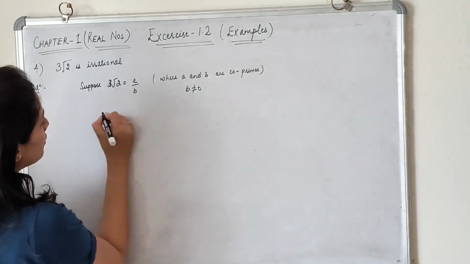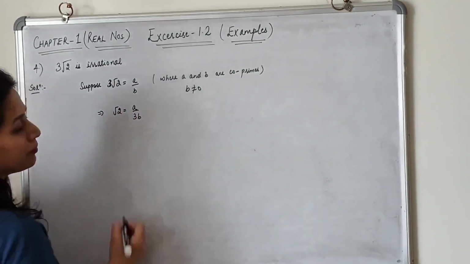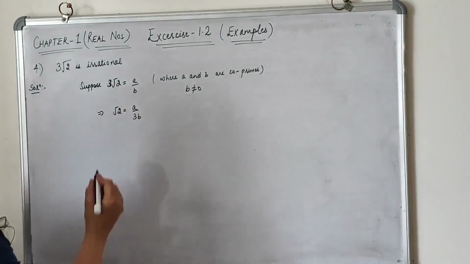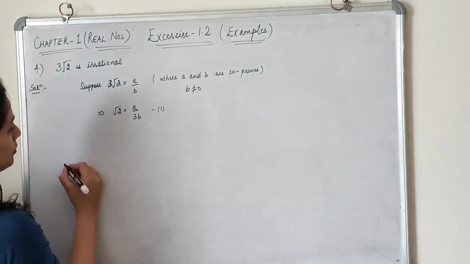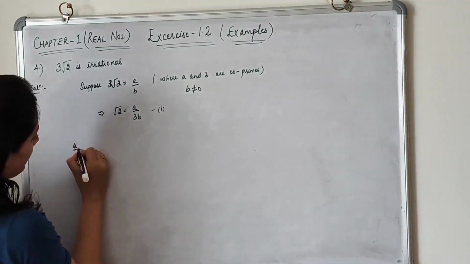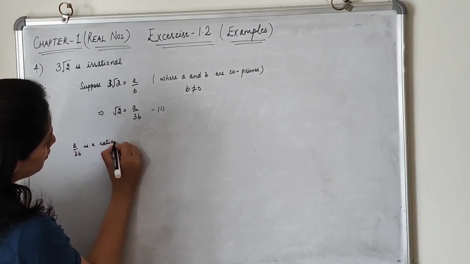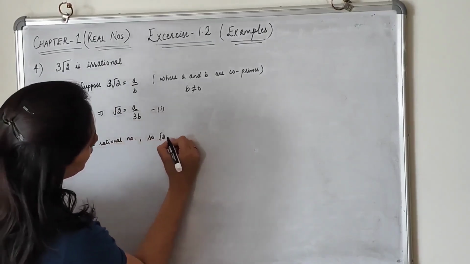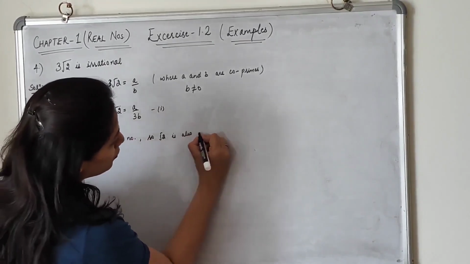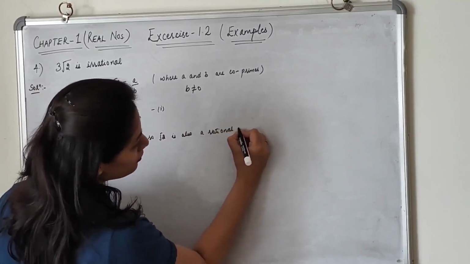Rearrange these values. What we get? Root 2 is equal to a by 3b. Yes? So from this equation what we observe? a by 3b is a rational number. So root 2 is also a rational number.